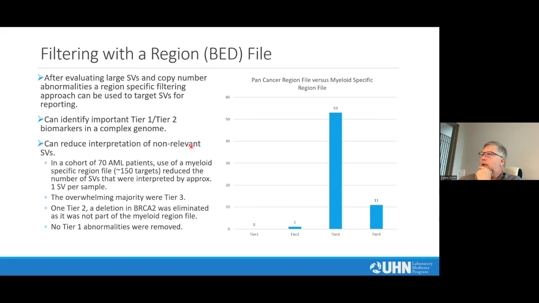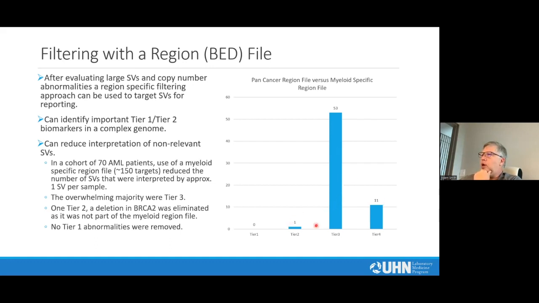What we were able to show when we analyzed our cohort using the pan-cancer and the myeloid-specific region file is that when we went to only looking at the 144 targets in the myeloid region file, as opposed to the pan-cancer file, we basically only eliminated what we considered tier 3 and tier 4 calls. So we had a very successful reduction in the need to look at, interpret, or report tier 3 and tier 4 abnormalities.